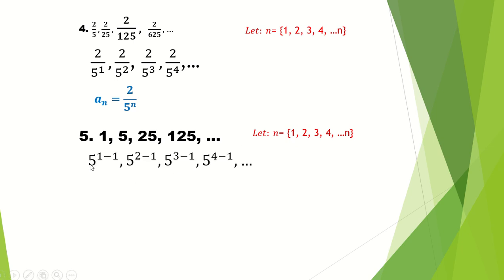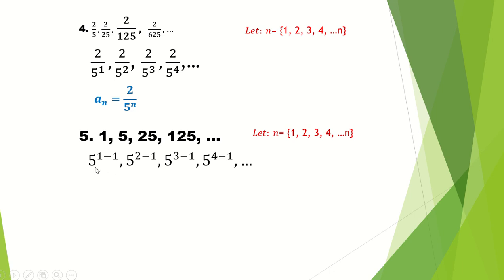Okay, you will see that 1 is the same as 5 raised to 0. This is 5 raised to 1, 5 raised to 2, 5 raised to 3. And that means you only subtract 1 from the position.